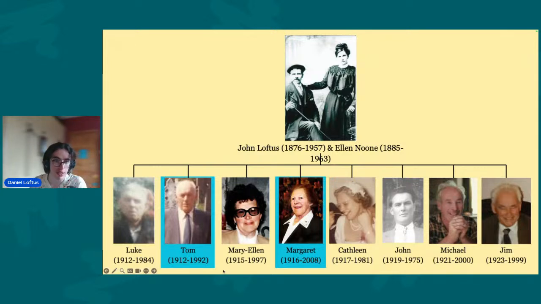With Tom, the only source I have for his birthday is from his death index. When he died in 1992, it gave his birthday as the 25th of December, 1912. However, I've also heard from other family members who say it's the 22nd or the 24th. So the only thing I can confirm is that it is more than likely December of 1912.